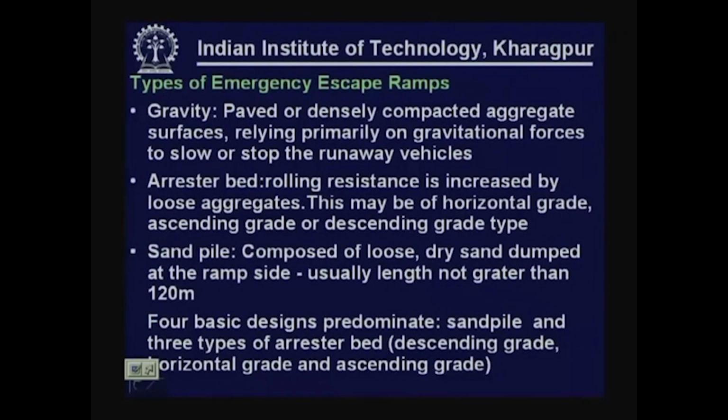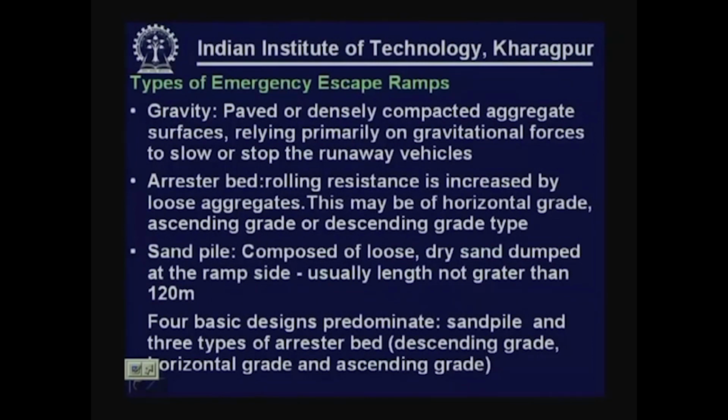Whereas, in the arrestor bed type, rolling resistance is the main consideration. Rolling resistance is increased by providing loose aggregates, and the arrestor bed may be on a horizontal grade, ascending grade or descending grade. Then in the sand pile type, loose dry sand is dumped, and normally for a sand pile the ramp's length is not greater than 120 meters.